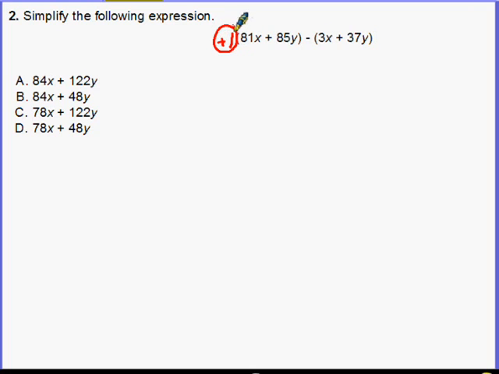So I take this positive 1 and I'll multiply it times everything on the inside of the parentheses. So I've got 1 times 81x is going to give me a positive 81x. Positive 1 times a positive 85 is going to give me a positive 85y.